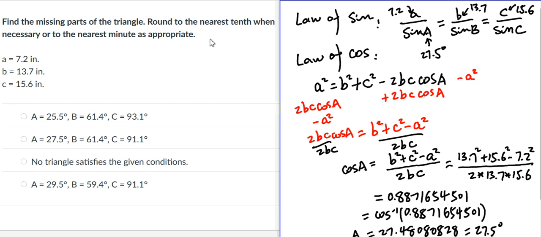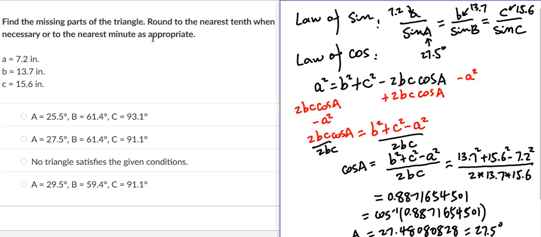In this question, we want to use the law of cosine and the law of sine to find the answer. Find the missing parts of the triangle, rounding to the nearest tenth when necessary, or to the nearest minute as appropriate.